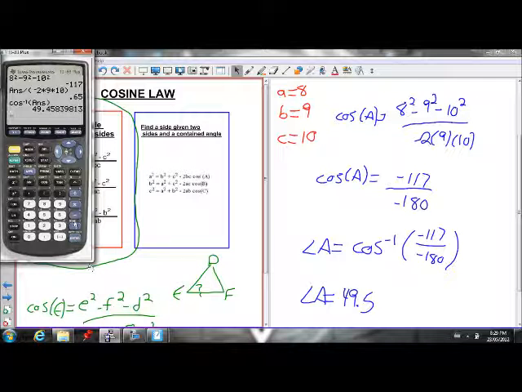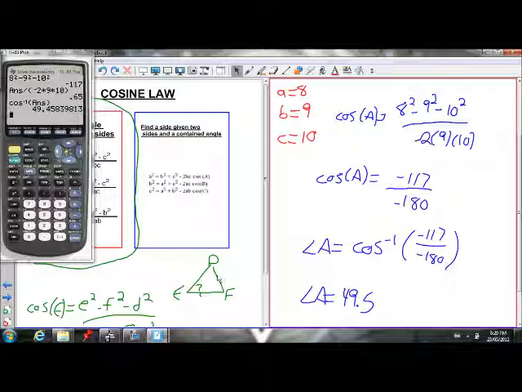So you can see, if you're good working with your calculator, you can skip a lot of these steps, get right to your angle. At first though, just do the numerator, evaluate it, do the denominator, evaluate it, and then do the inverse cos of that ratio, so your calculator will tell you the angle.